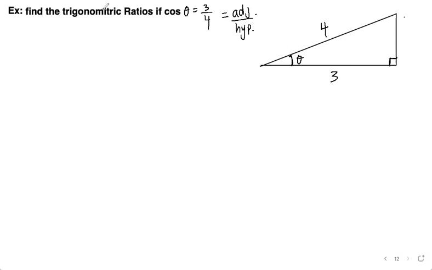Now they ask for the three trigonometric ratios. This means the sine, cosine, tan, and the reciprocal of these functions. Now, what is the length of this side?